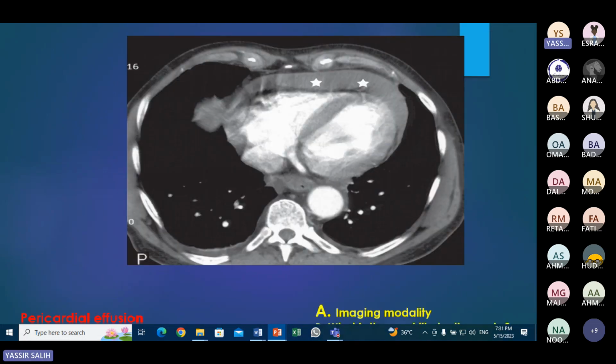Now we will move a bit faster. This is a CT. What is the diagnosis? Pericardial effusion. Yes. How did you know this is pericardial effusion? You are right, but why is it pericardial effusion?